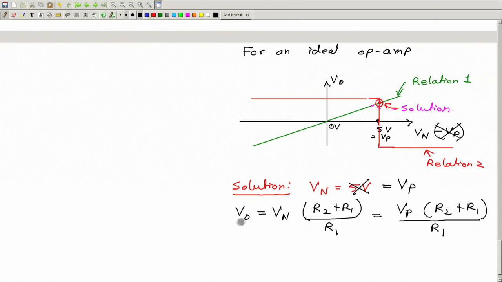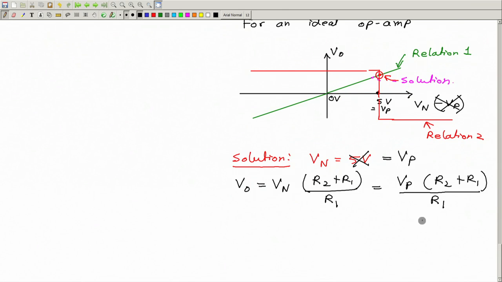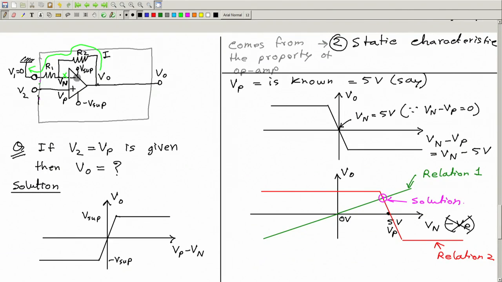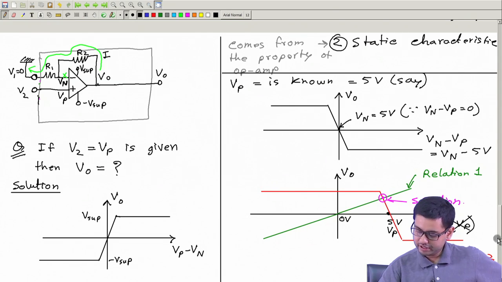So this is the solution, this is the answer. Vo is this, Vn is this. And this is how we can find the output for this non-inverting amplifier.